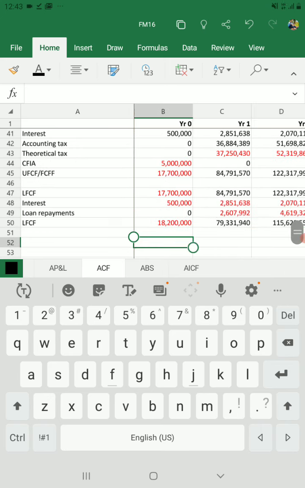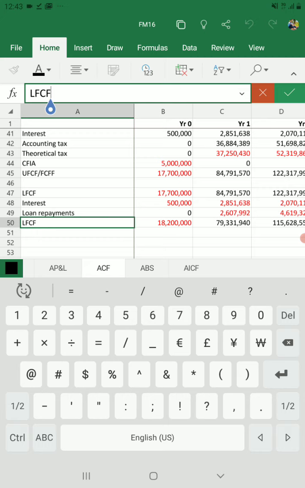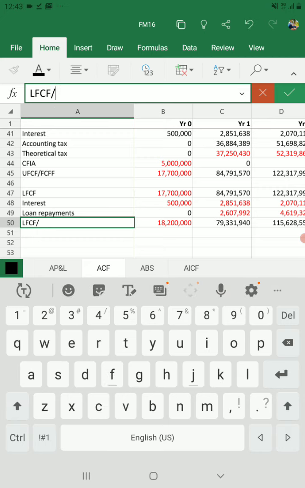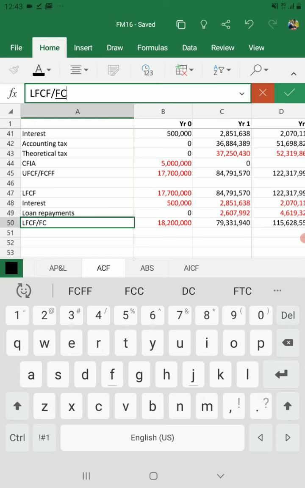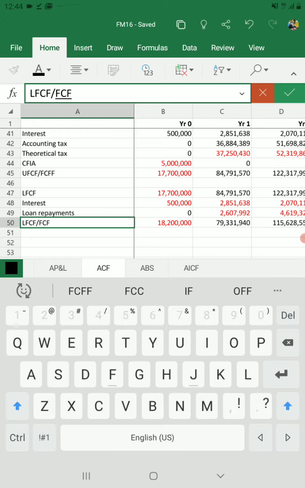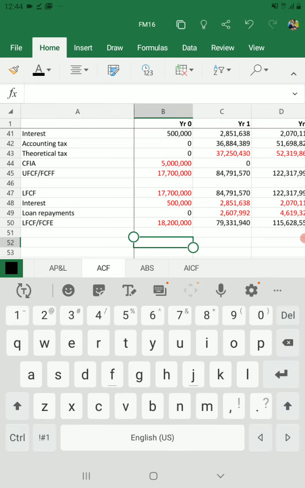So basically, levered free cash flow is also aka free cash flow to equity holders.